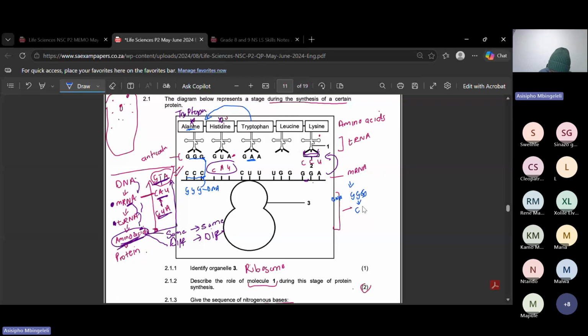There it is. Messenger RNA. I'm not sure if you can see what I'm writing, but I hope you can. And then this would have coded for an anticodon GGG there. That will be for transfer RNA, which then coded for which amino acid?